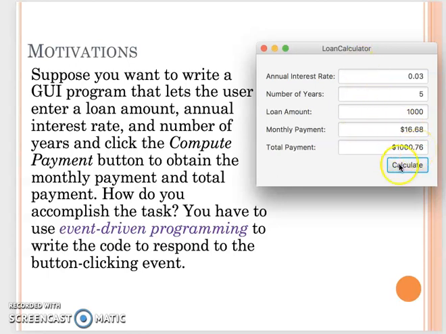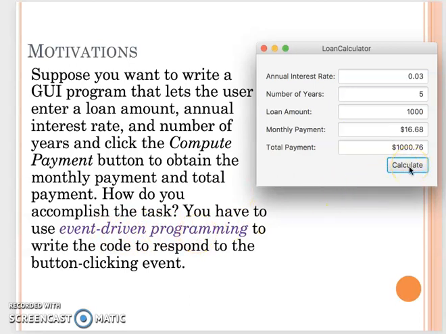Then you expect that when the user clicks the calculate button, you will read the user input: a 3% interest rate, 5 years, and a loan amount of 1,000. Then you calculate and display the monthly payment and the total payment. That's how the program processes the user input.